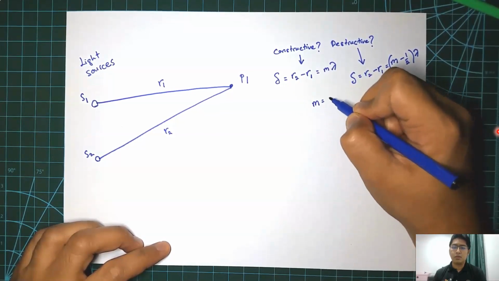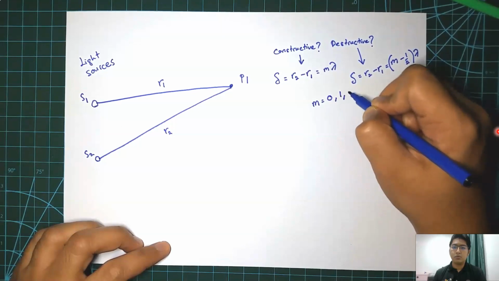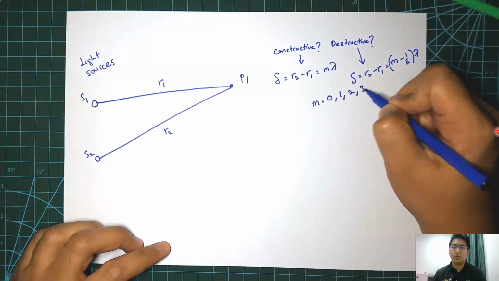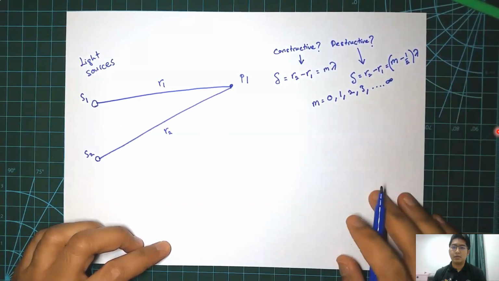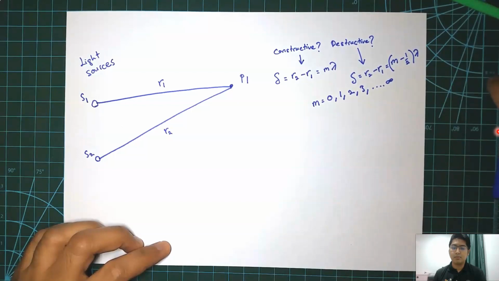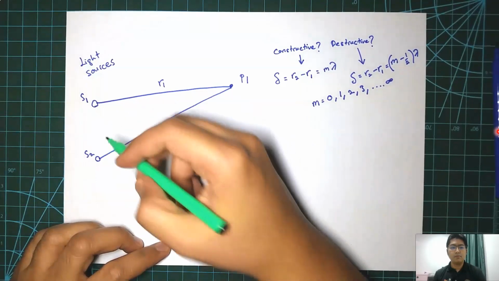With the condition m equals 0, 1, 2, 3 and so on. M is actually an integer starting from 0 until infinity.